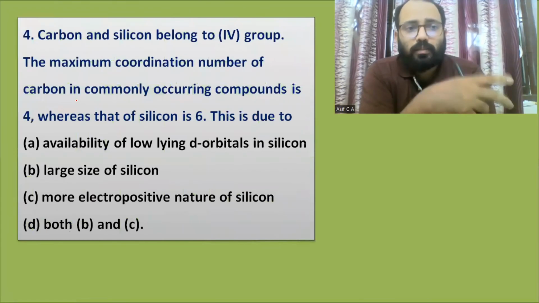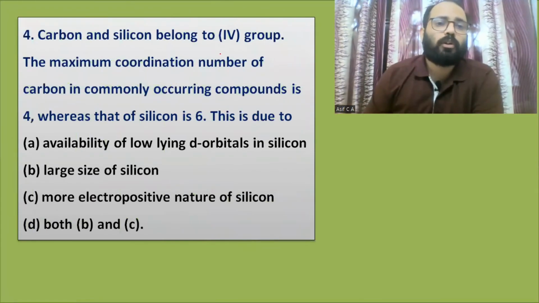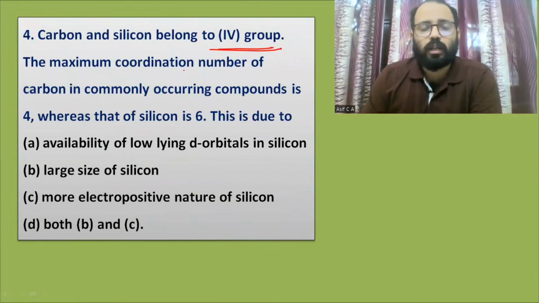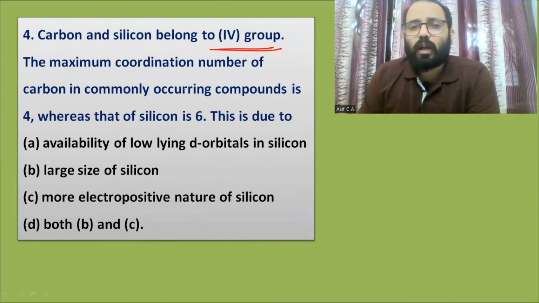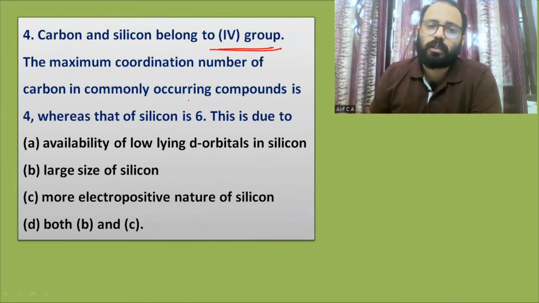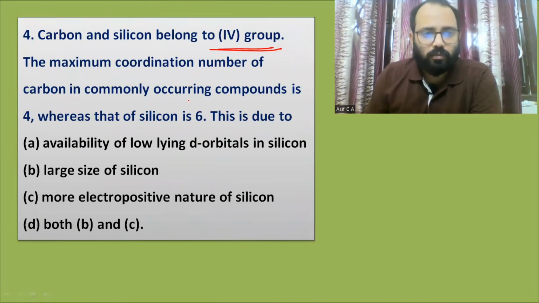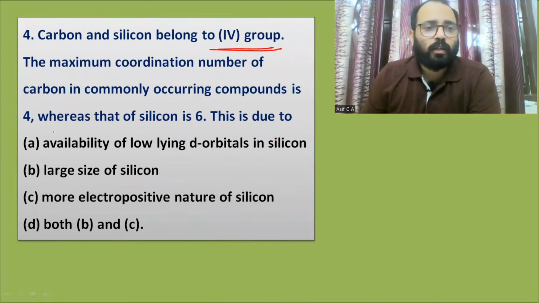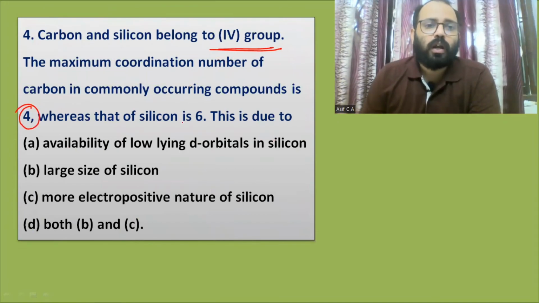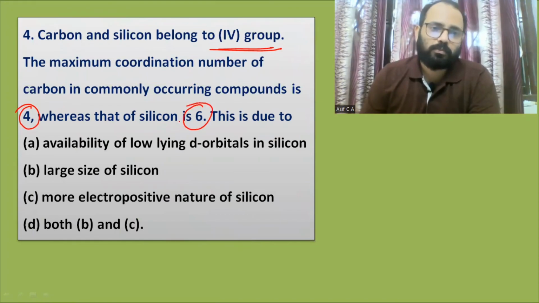Now the next question: carbon and silicon belong to group 14. There's no doubt: group 14 has carbon, silicon, germanium, tin, lead. Carbon is commonly 4 and silicon is 6.